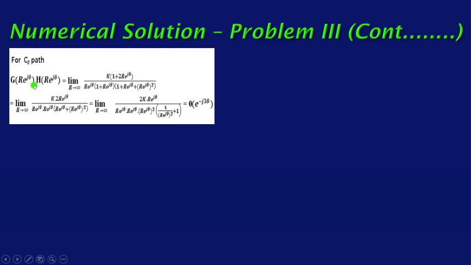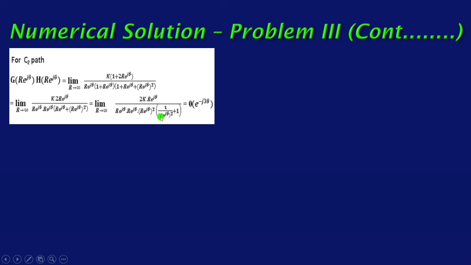For the C2 path, putting s equal to R e to the power j theta, here R tends to infinity. So 1 is neglected. Similarly for that part, this 1 is very small, so this part is neglected. Then from this part, R e to the power j theta whole square is common, so this value is 1 by R e to the power j theta whole square.